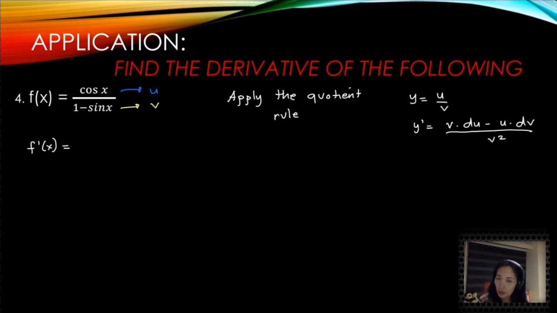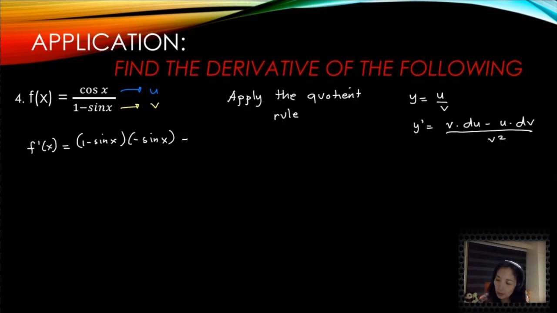This is our v, so I have to write v: 1 minus sine x times du, the derivative of cosine x. What did we say about the derivative of cosine x? It's negative sine x. Next, minus u dv.